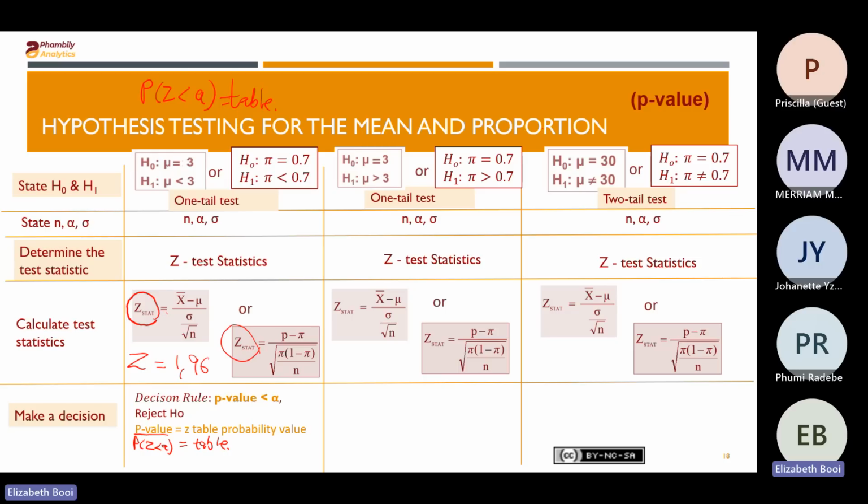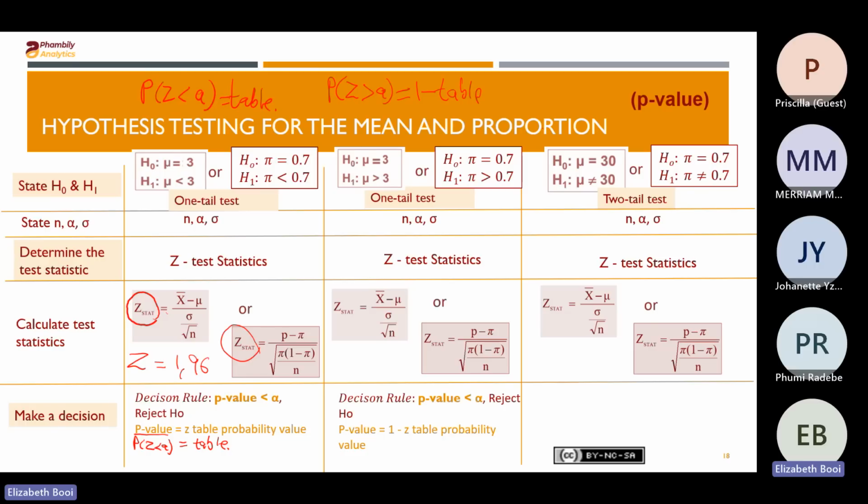When it is on the greater than sign, then we're going to say the value on the table will be 1 minus the Z value. So remember this, when the Z is greater than a value, we're going to say 1 minus the table value, because we know that the Z table contains the less than values.